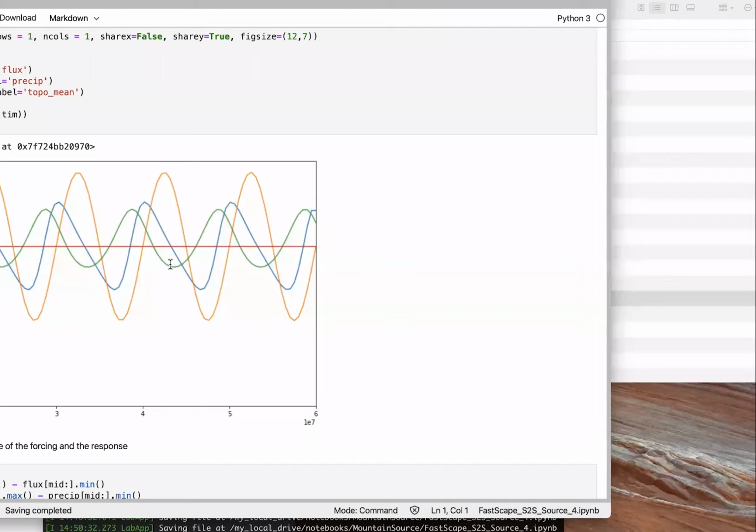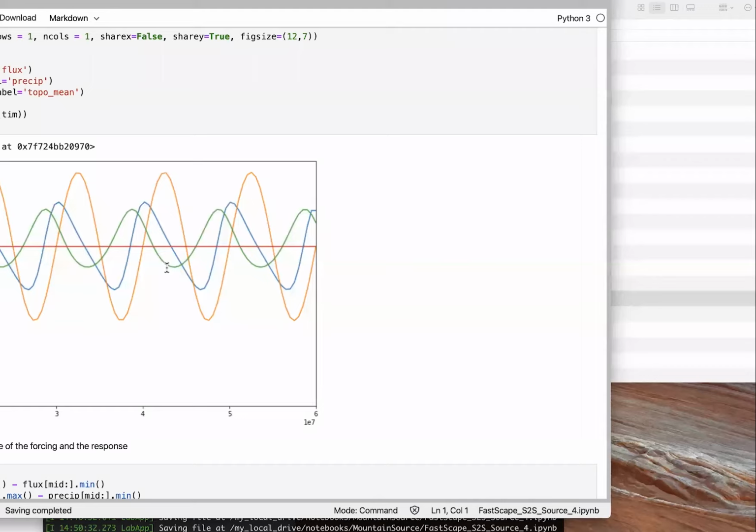Look at what happens in terms of sediment flux now. Well, to understand the sediment flux, we must look at the topography. When topography is decreasing, it means that to decrease the topography I have to erode more than the tectonic flux.